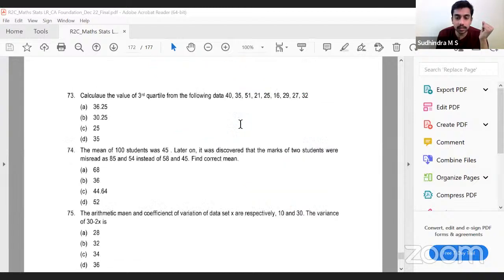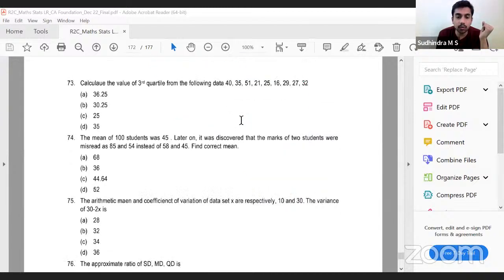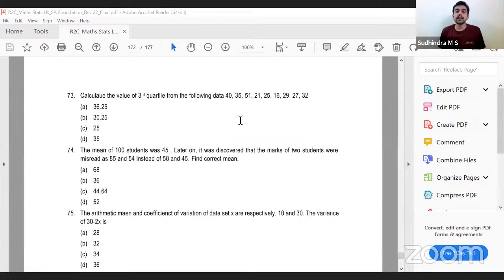Next one. Arithmetic mean and coefficient of variation of the data set X are respectively 10 and 30. The variance of 30 minus 2X.